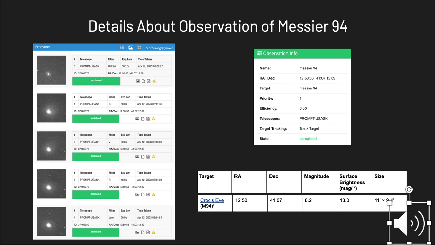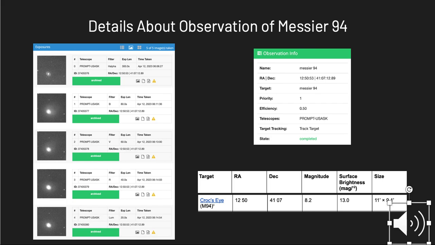On the right hand side, there's 2 different groups of images. The first one is titled Observation Information. It again lists the target of our observation. It also lists the telescope and target tracking. And below is the same kind of concept, such as our target, again, Croc's Eye, and the RA of 1250, the declination of 4107, and the surface brightness of 13.